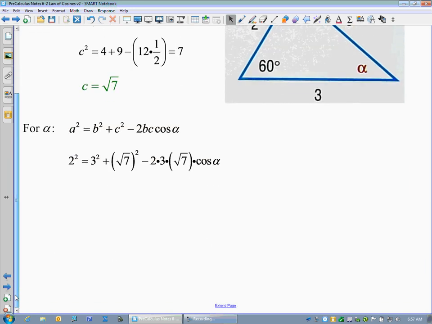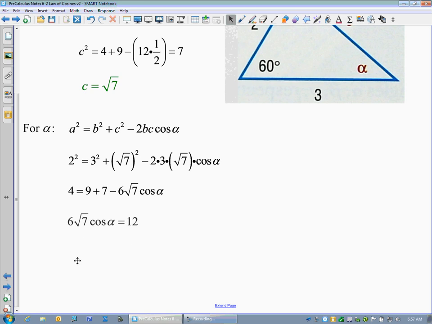And let's give us a little room here. Alright, so simplifying that a little further, we get this, because the square root of 7 squared is just 7, etc. And now we still want to isolate cosine alpha. We're solving this trig equation. So we're going to clean it up a little more, bring the cosine term over to the left side, because it was negative, it becomes positive.